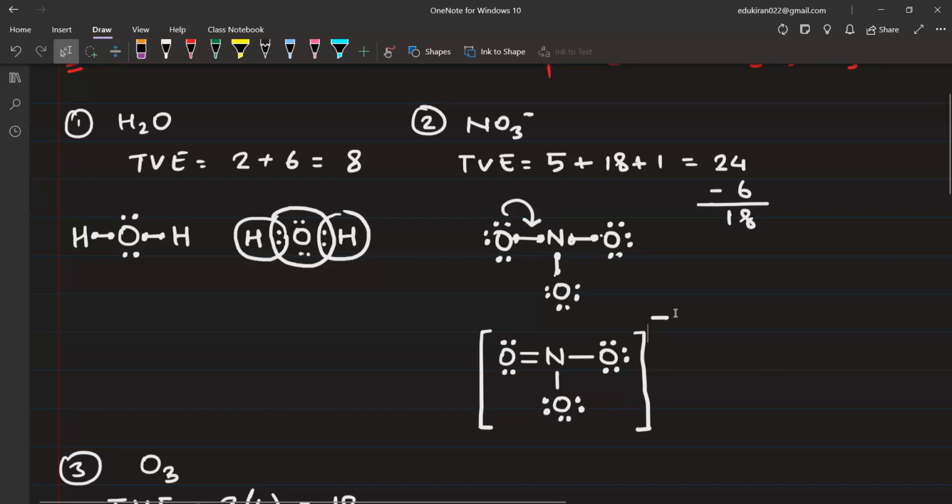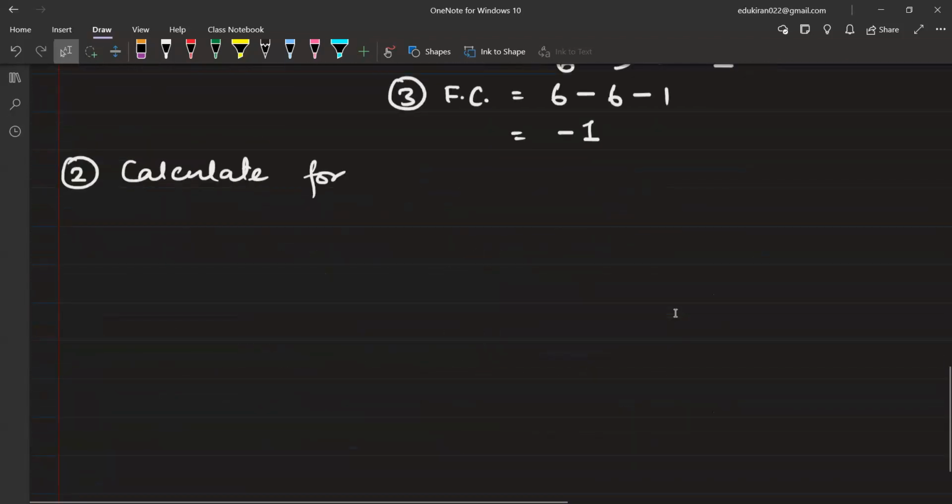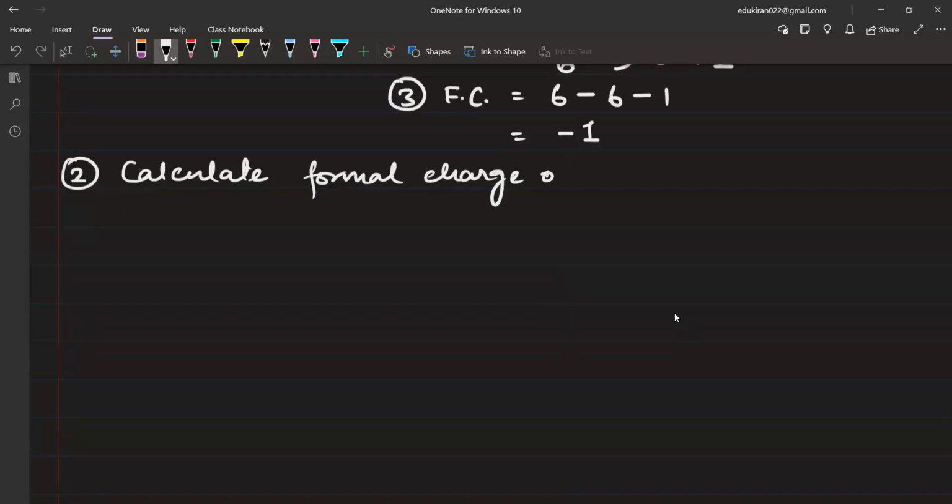Calculate the formal charge on each atom of NO3 negative.